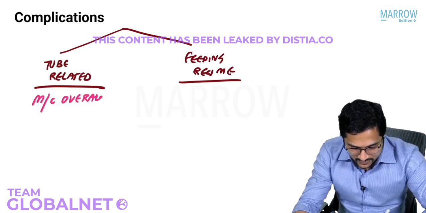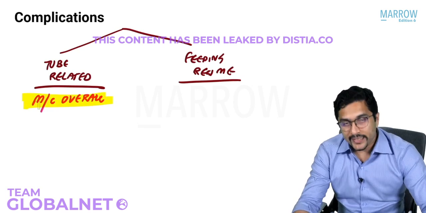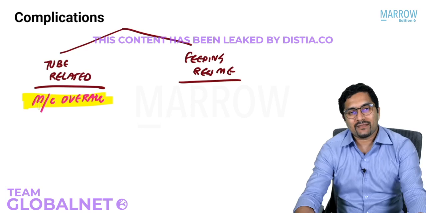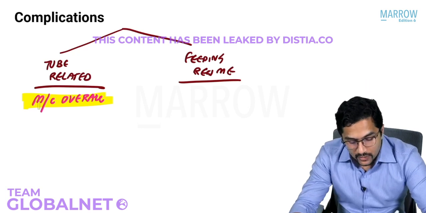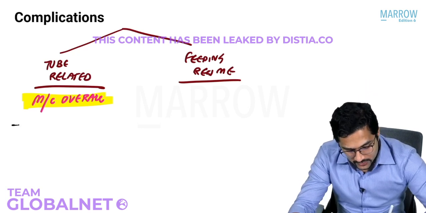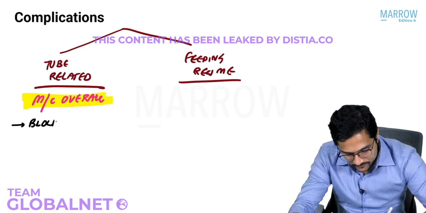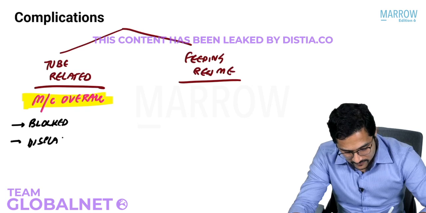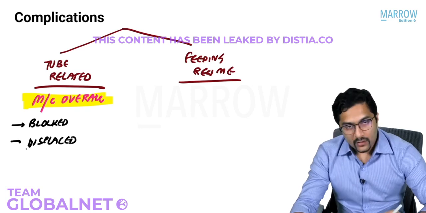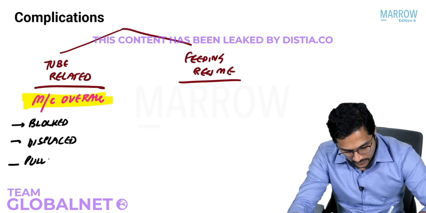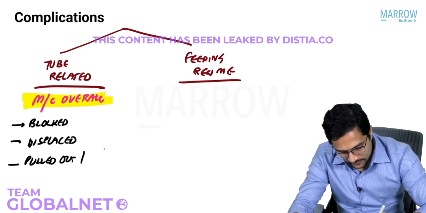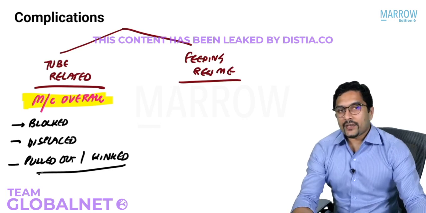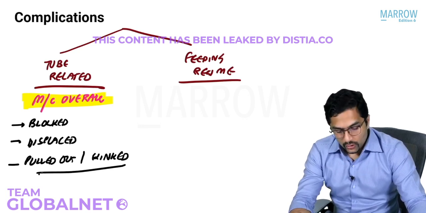This is clearly written in Bailey and the latest Sebastian that tube-related complications are the most common overall complications when it comes to enteral nutrition. What are the tube-related complications? The tube can get blocked, the tube can get displaced, or the tube can get pulled out or kinked. So these are the tube-related complications which you should know about.